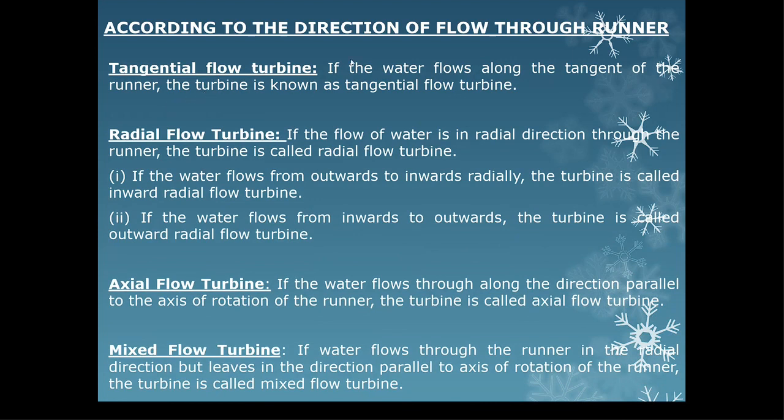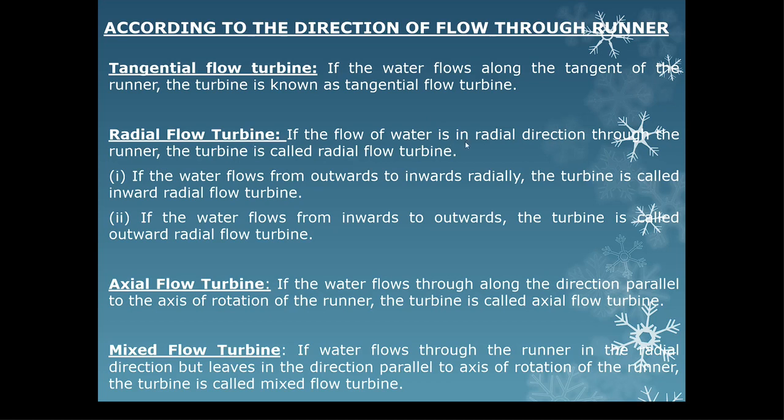Next, according to the direction of flow through the runner, first we have the tangential flow turbine. If the water flows along the tangent of the runner, it is known as a tangential flow turbine. Next is the radial flow turbine.